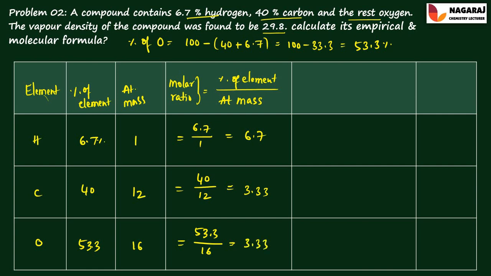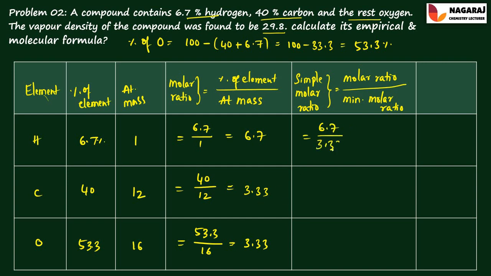And next, that is simple molar ratio. So the simple molar ratio is always equal to the molar ratio divided by the minimum molar ratio. For hydrogen, the molar ratio is 6.7 and the minimum molar ratio is 3.33.